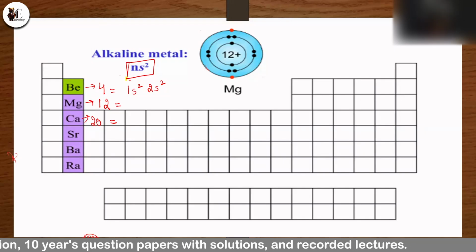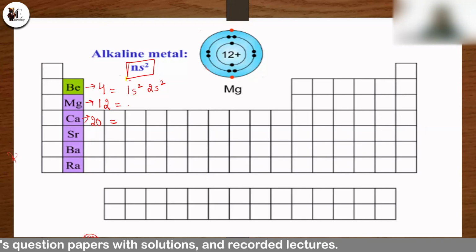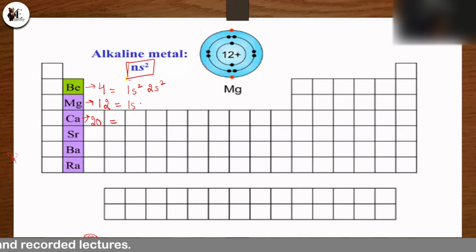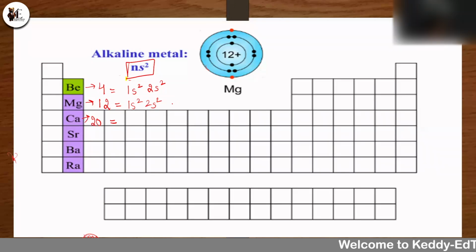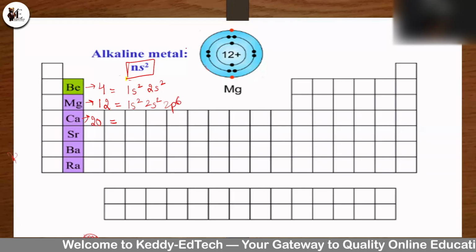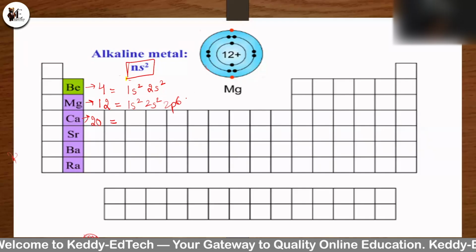Done. So what is the electronic configuration for magnesium? For magnesium, it's 1s2, 2s2, 2p6, 3s2.